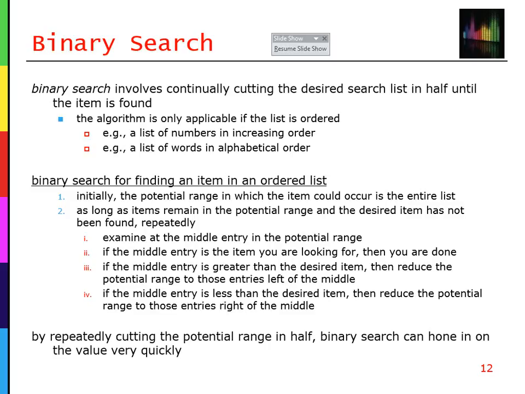Then, as long as items remain in the potential range and the target hasn't been found, look at the middle entry of that range. If that middle entry is what you're looking for, then great, you found it. If it's not, then if it's greater than the desired item, you search the first half of the list. If it's less than the desired item, you search the second half of the list.